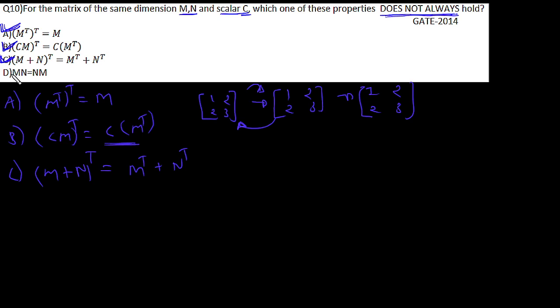Now option D says the multiplication MN is equal to NM. This property does not always hold.